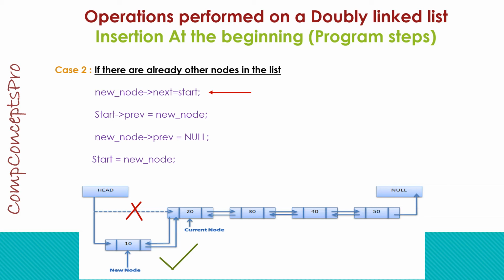For that, we'll write this statement. Here, start means the current first node of the list, so its previous will be set to point to the new node. After that, the new node previous should be set to null because we are inserting the new node at the beginning. And finally, the new node's address should be stored in start.